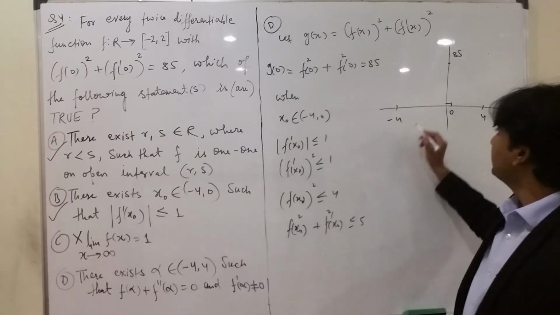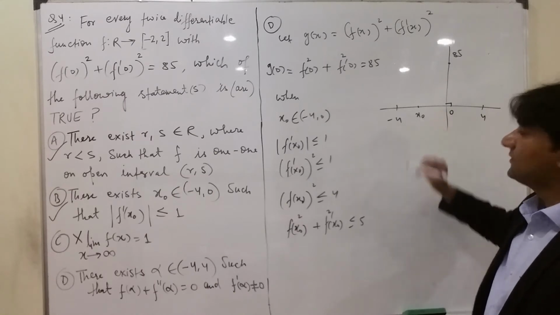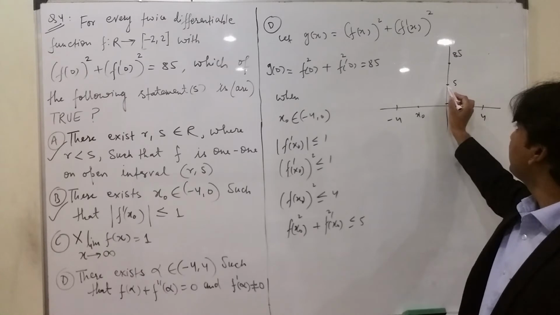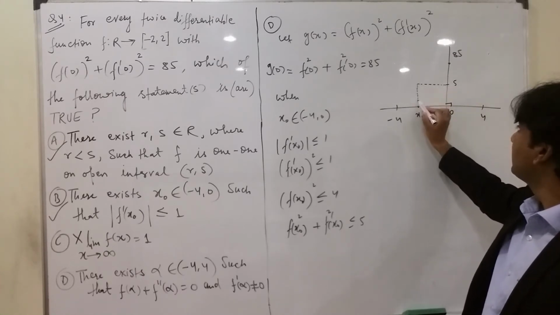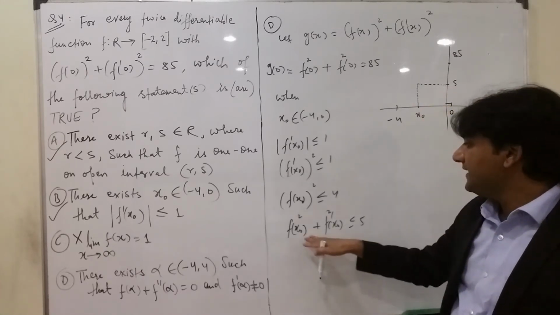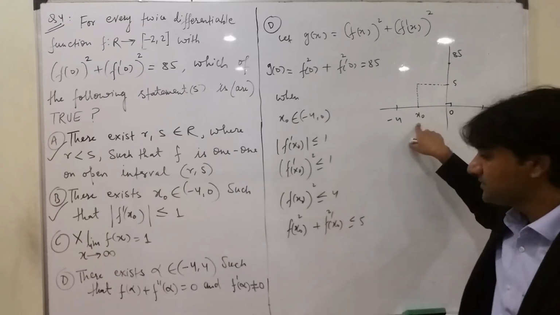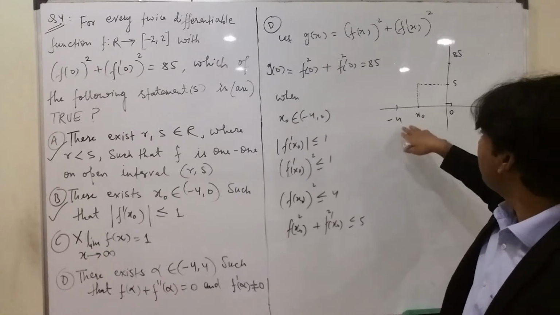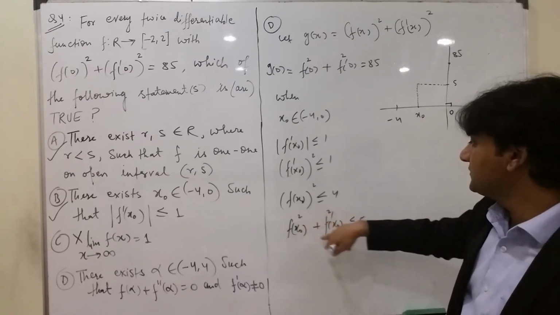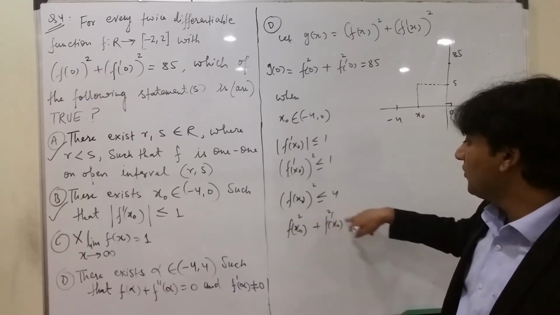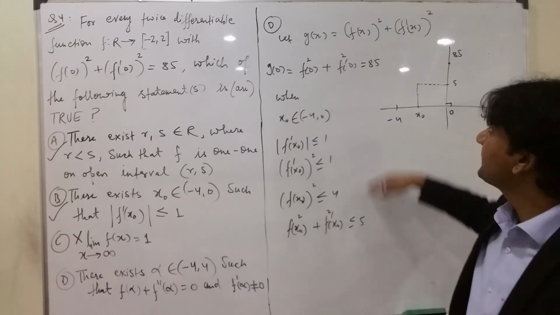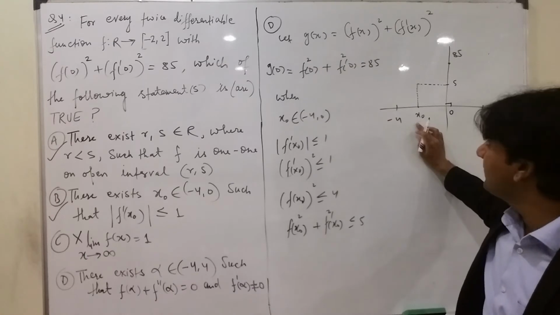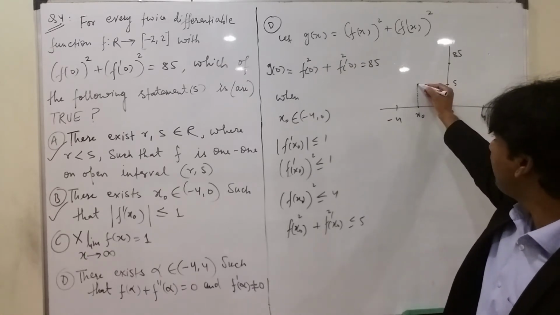So for example, if this is x0 and let's say this is 5, it means when I am talking about x0, the sum of these two is less than or equal to 5. So the value of g(x) when x equals x0 can be 5 or less than 5.